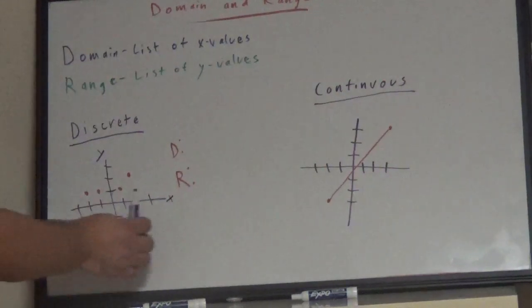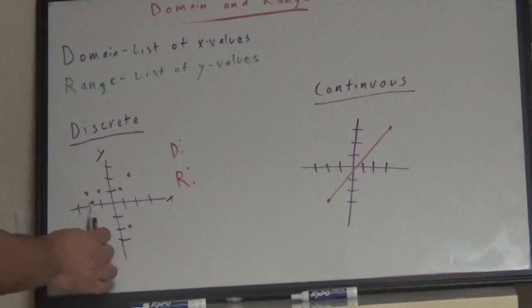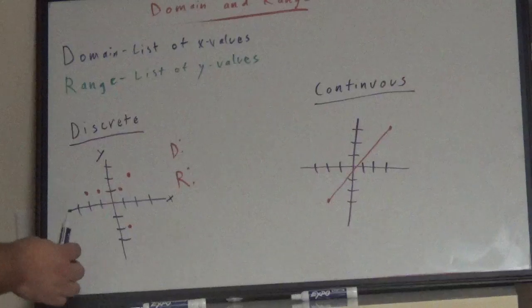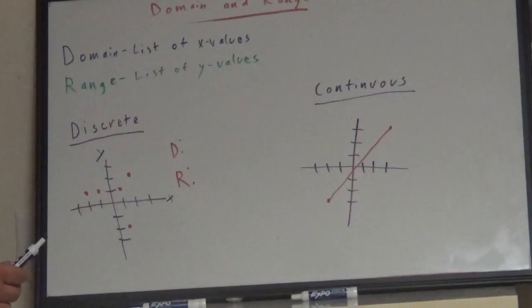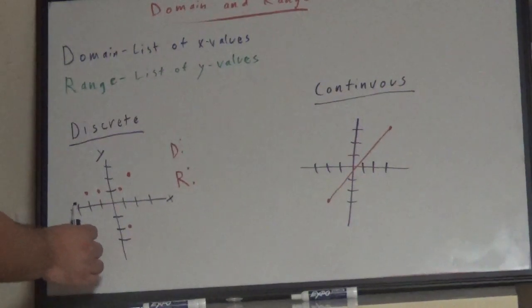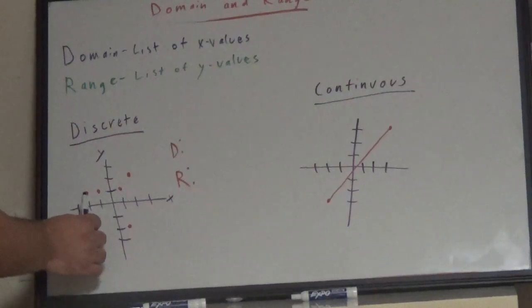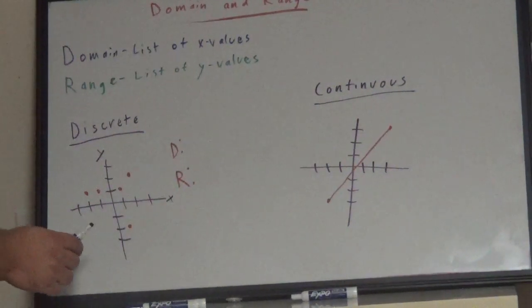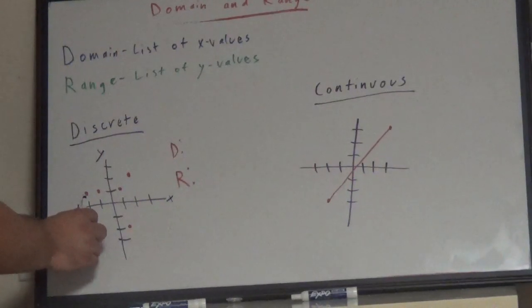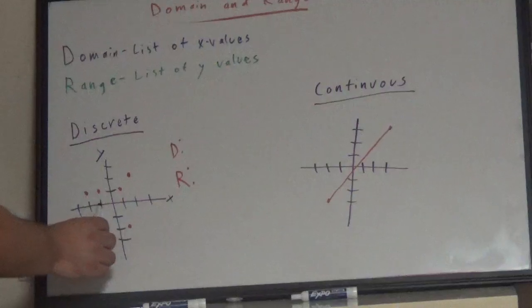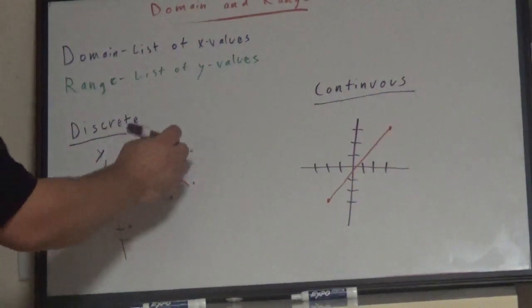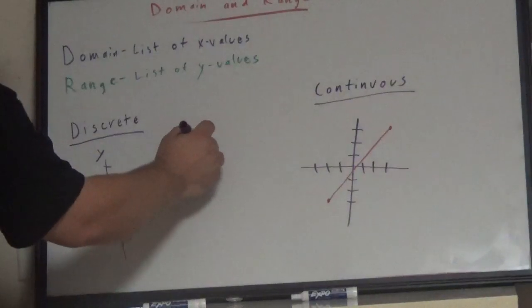We want to say what numbers are represented, and we're going to list them. We want to go left to right, smallest to biggest. The first point we encounter is here, and this is at -2 on the x-axis. I'm going to write down -2.